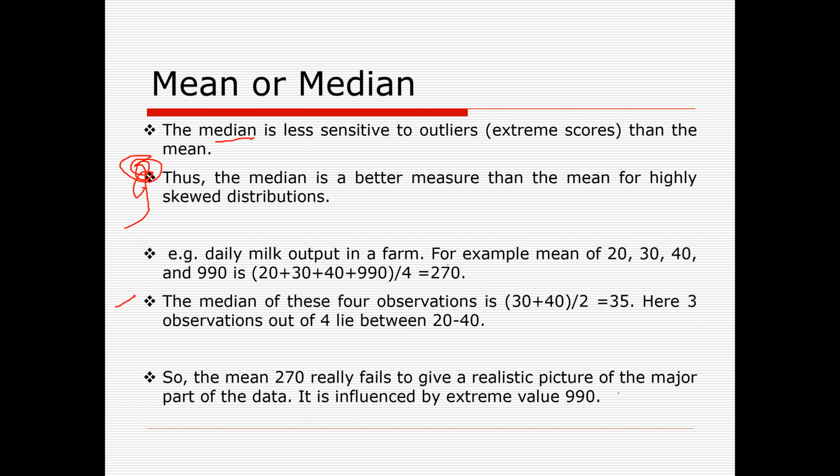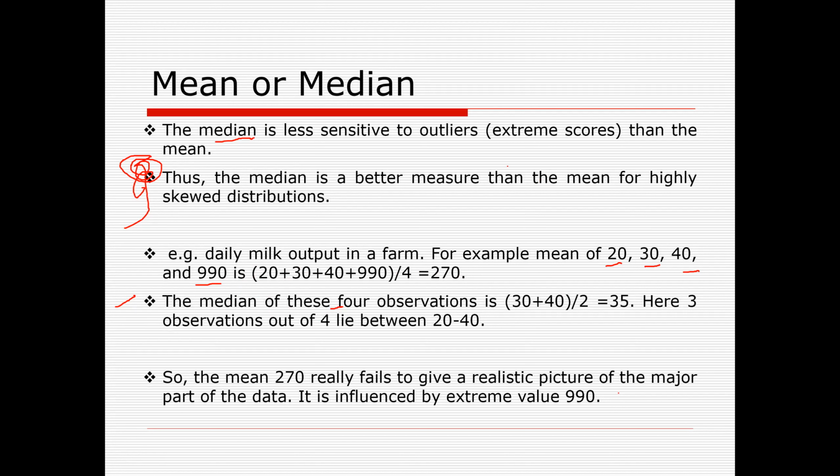Now look at the example given on the screen. The daily milk output on a farm, for example: we have 20, 20, 30, 40, and another day we have 990. These are the values of the daily milk sales.